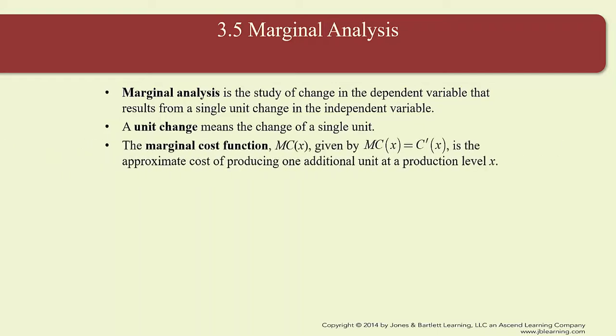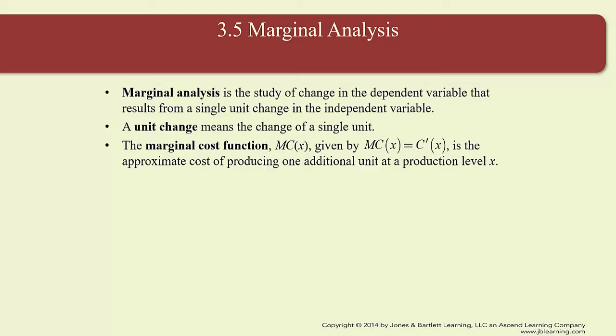The marginal cost function, which can be given as MC of x, is nothing more than the derivative of a cost function. So marginal cost is the derivative of cost. What marginal cost does is give the approximate cost of producing one additional unit when you're at production level x.